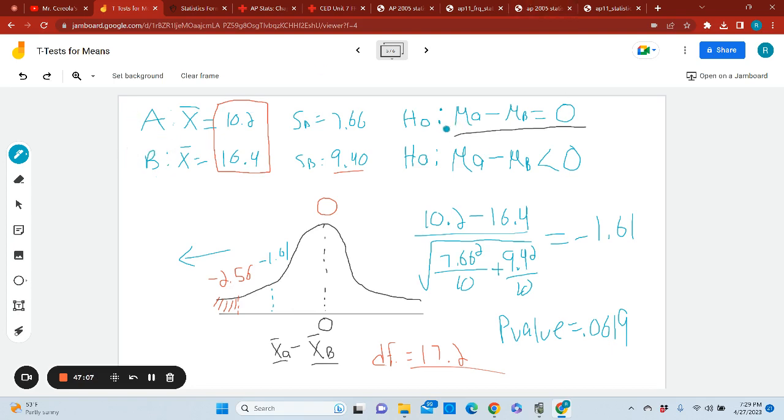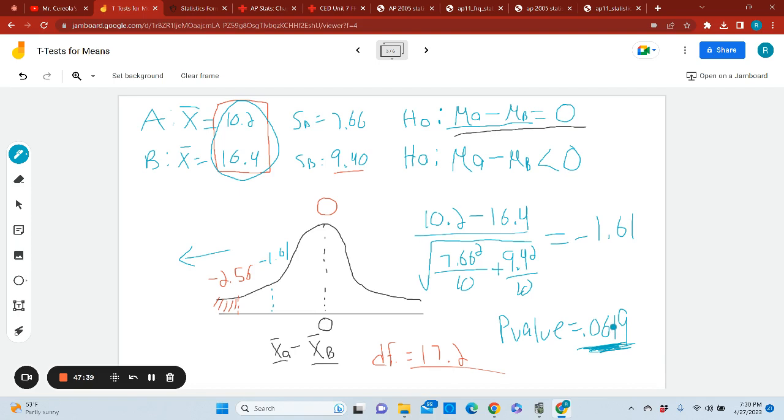Given that there is no difference between the placebo group and the drug group, meaning the drug does nothing, there's only a 6% chance that we would observe a difference this big or bigger due to random chance alone. So in the medical field, I might say there's only a 6% chance that I would notice a difference this extreme or more extreme if my drug didn't work.